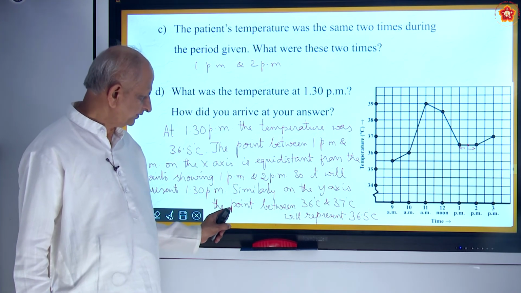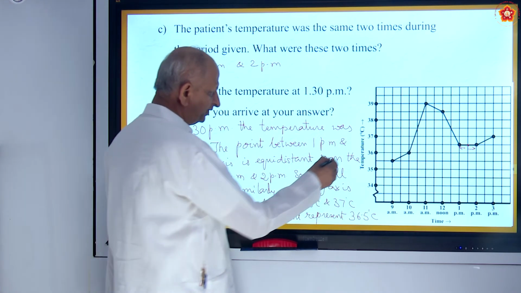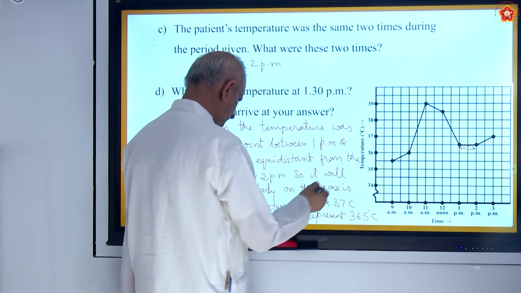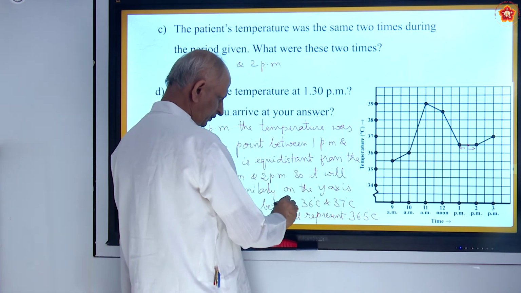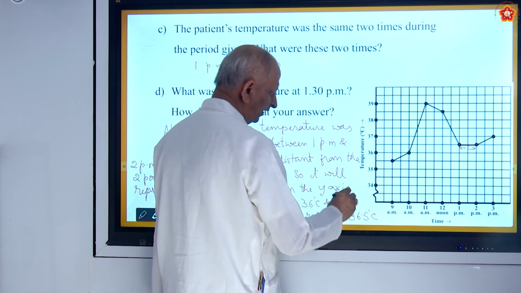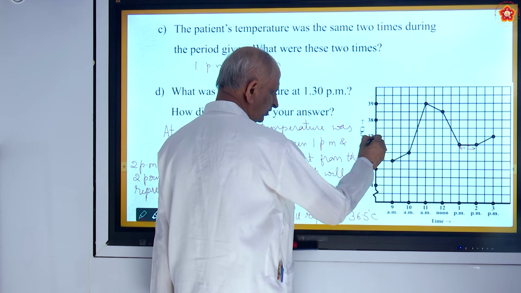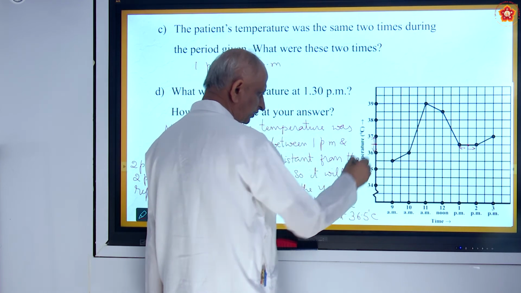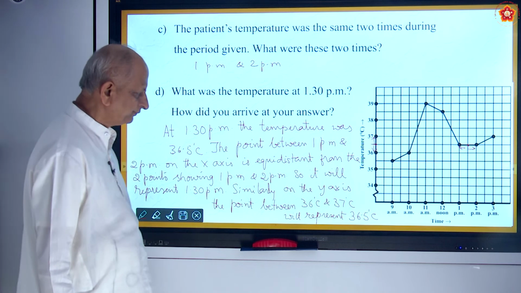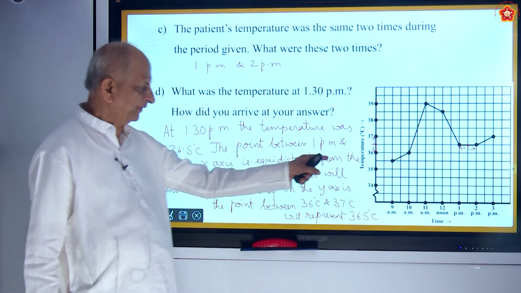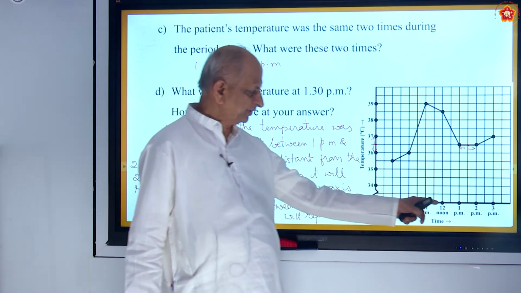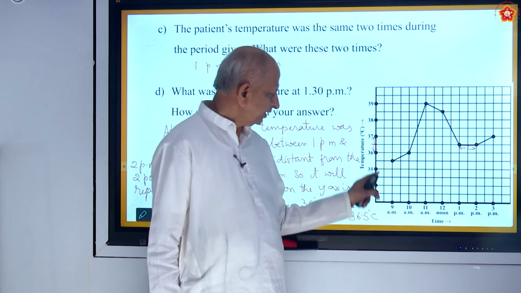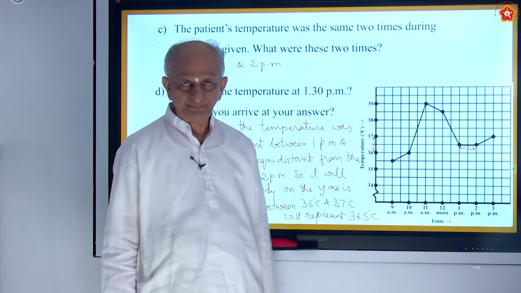Similarly, on the y-axis, the point between 36 and 37 will represent 36.5. The distance between 36 and 37 is the same, that is 36.5. So on the x-axis the distance is the same, and on the y-axis also the distance is the same.